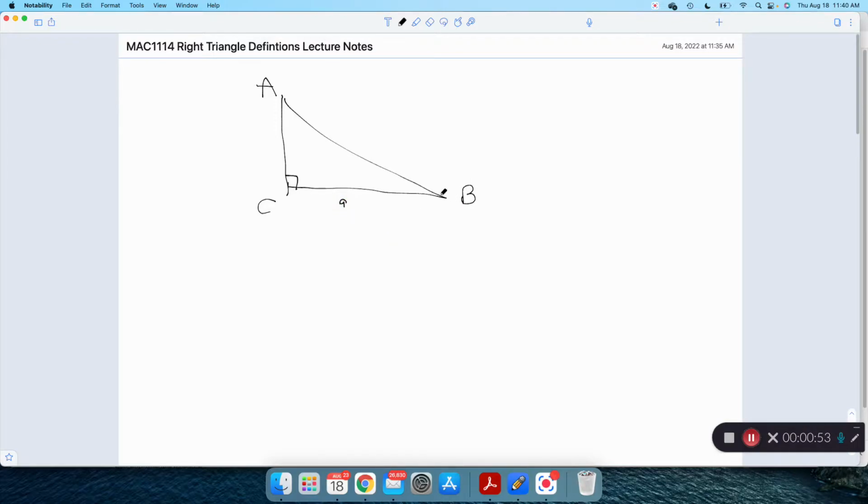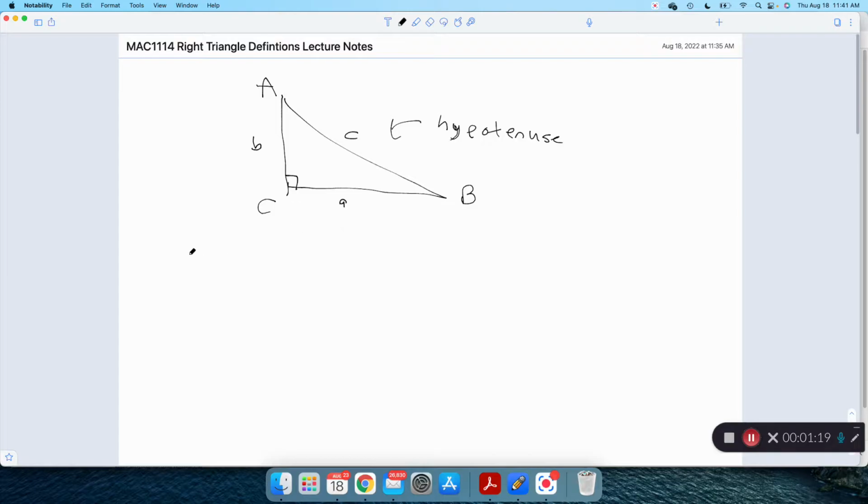And across from angle B, over here, this will be little b. And across from the right angle will be the hypotenuse, little c. So little c will always be the hypotenuse and across from the right angle.